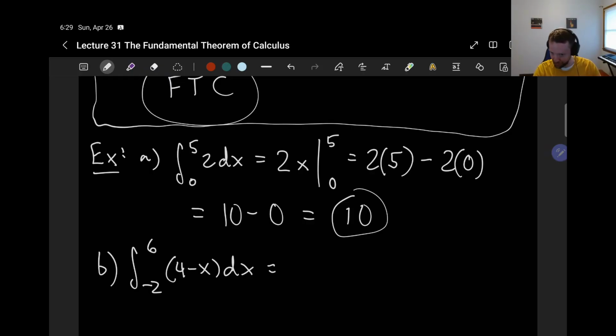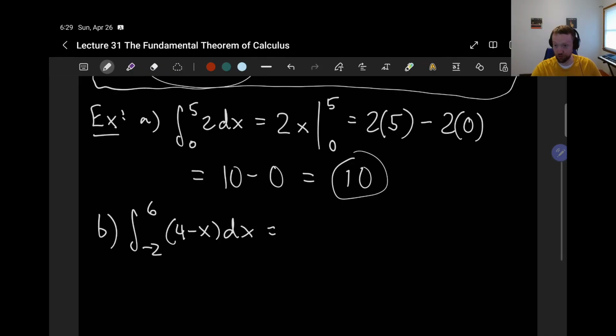You can go back and check if you want to. Hopefully you took notes. So the antiderivative of 4 minus x is 4x minus 1/2 x squared. Again, I don't need the plus c because any antiderivative will do.